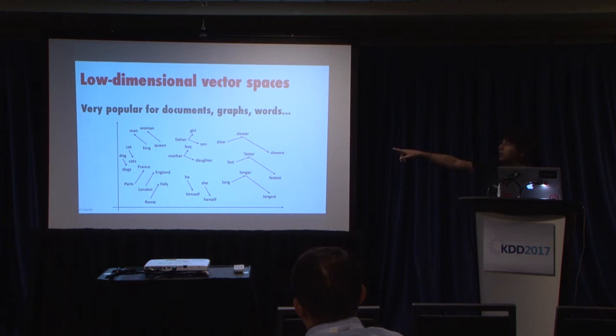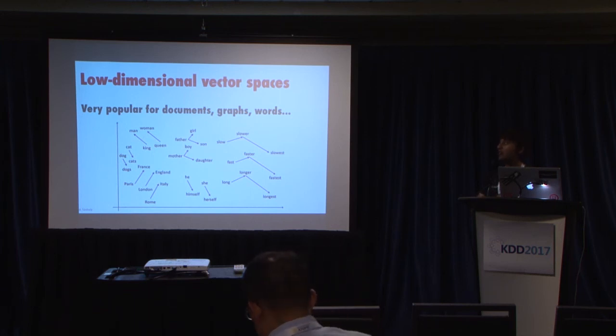So for example, the famous example: if you take the vector for king, subtract the vector for man, and add the vector for woman, and then check which word is closest to that, you get queen. That's kind of neat, because it's a totally unsupervised, statistical framework that is really capturing something like word analogy, which is very human semantics in some sense.